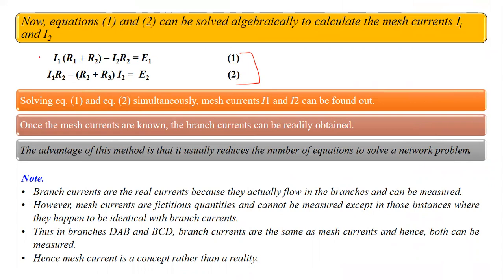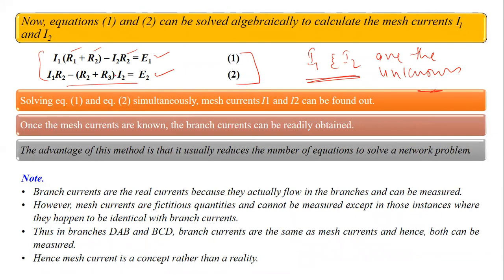Here we know E1, we know E2, we know R1, R2, R3, all these parameters. What are the unknown parameters? I1 and I2 are the unknown parameters.